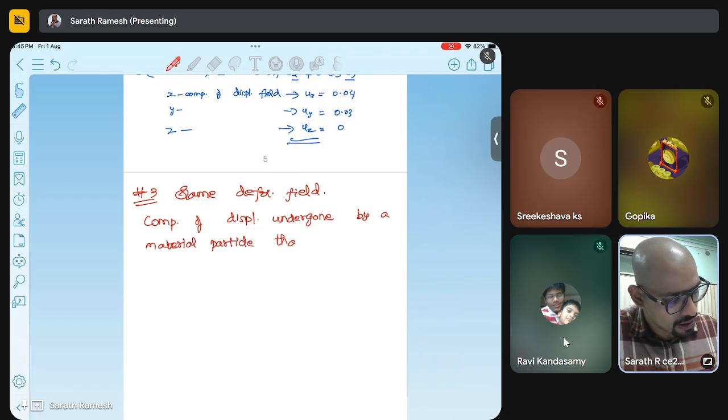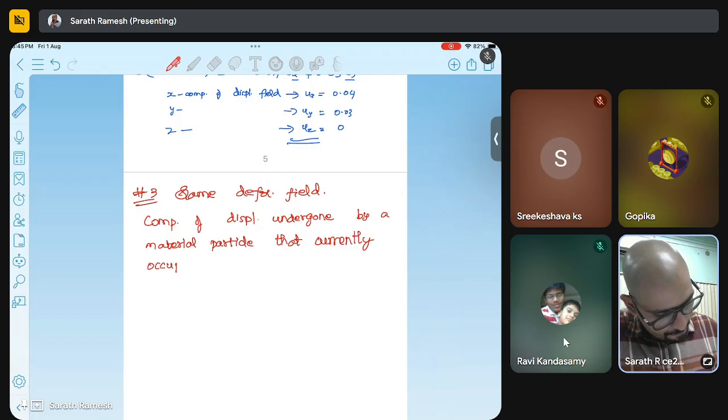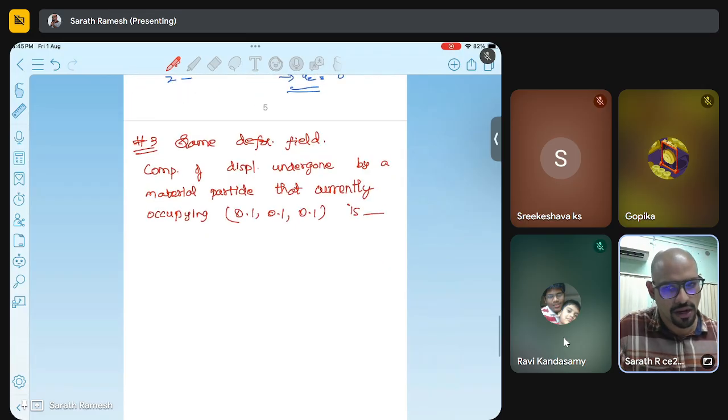This is the keyword, currently occupying point 0.1, 0.1, 0.1. Same. So how will we find it?